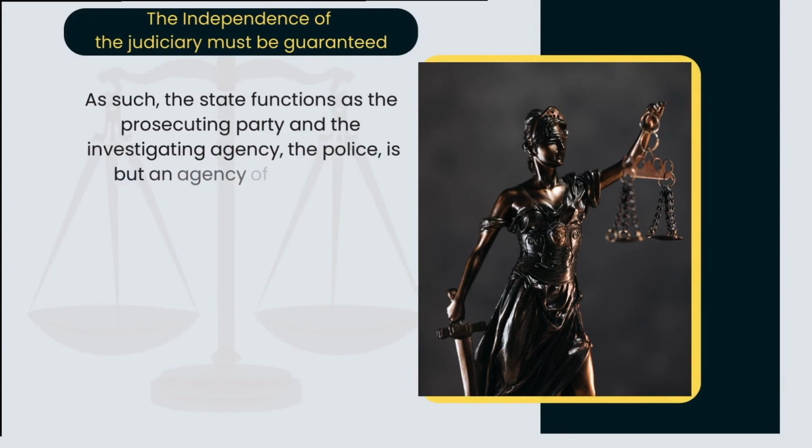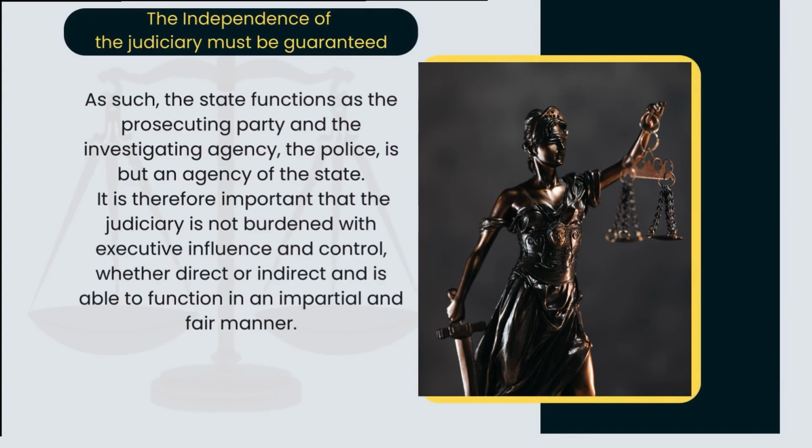As such, the state functions as the prosecuting party and the investigating agency. The police is but an agency of the state. It is therefore important that the judiciary is not burdened with executive influence and control, whether direct or indirect, and is able to function in an impartial and fair manner.